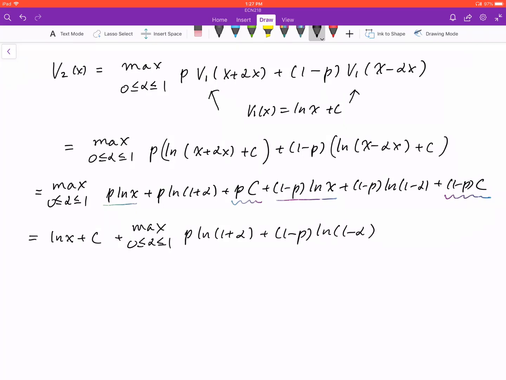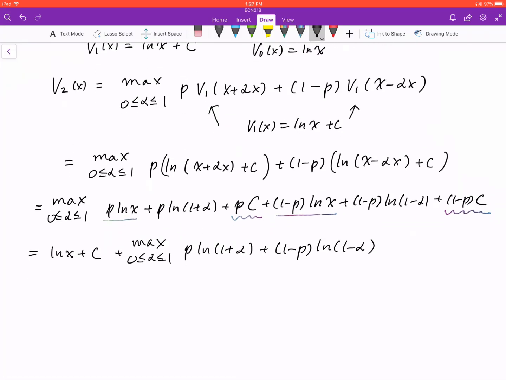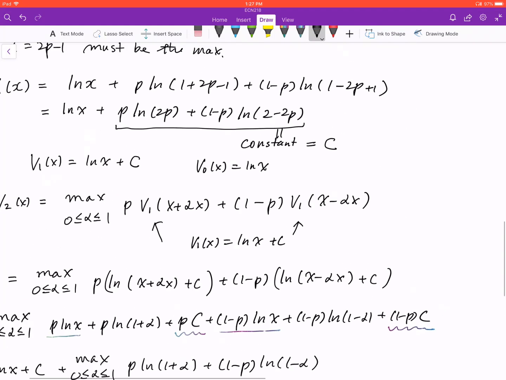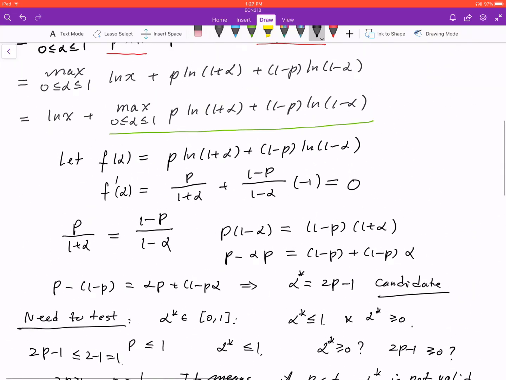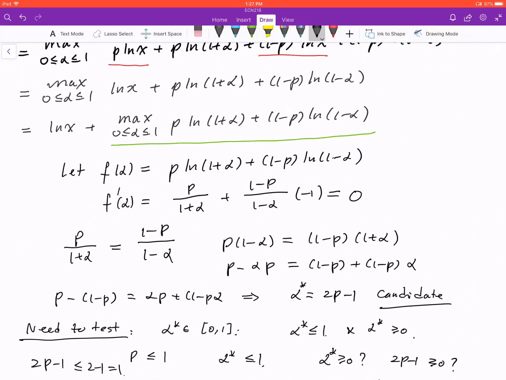Now, if you go back to the maximization problem we had earlier, underlined by the green line, that's exactly the same. The only difference is now we have a c in the front.